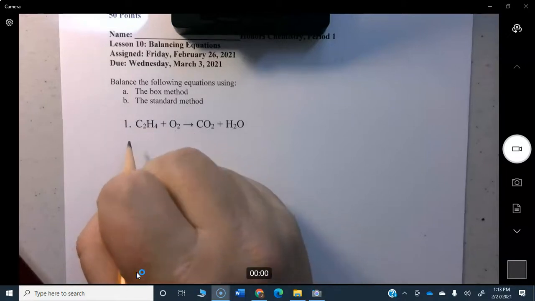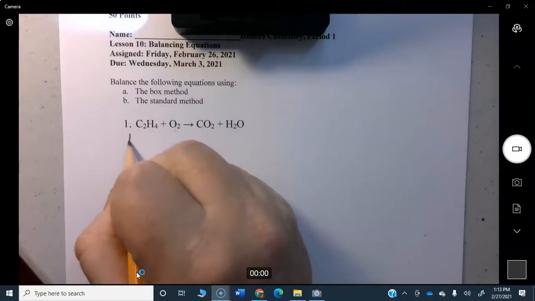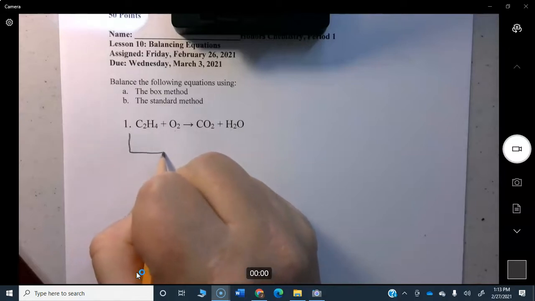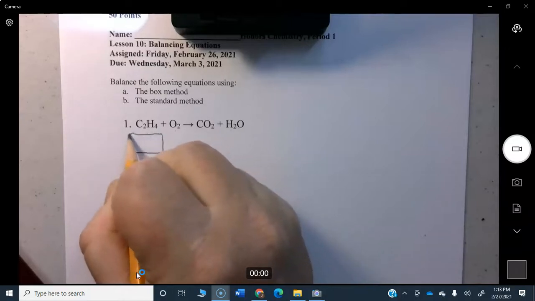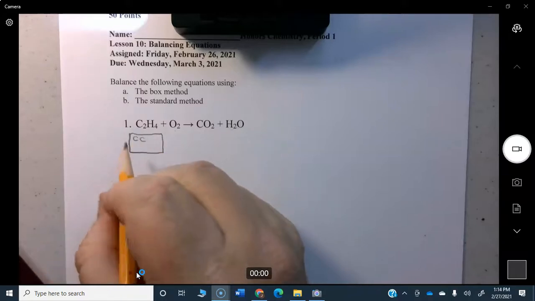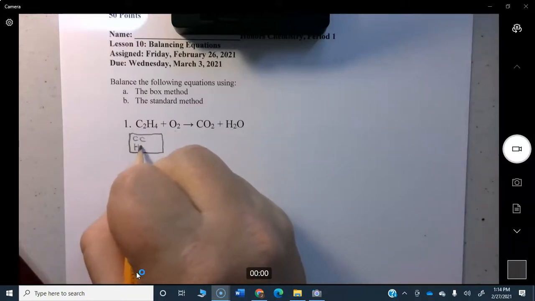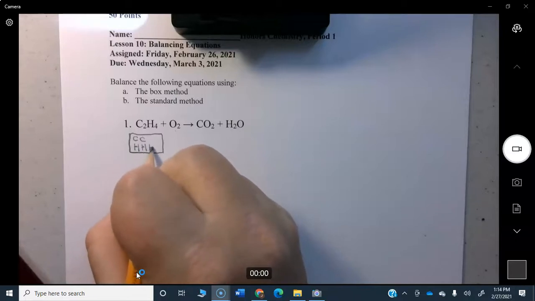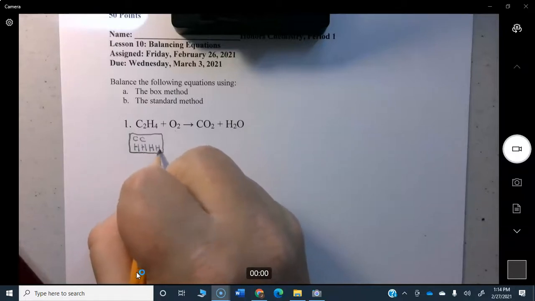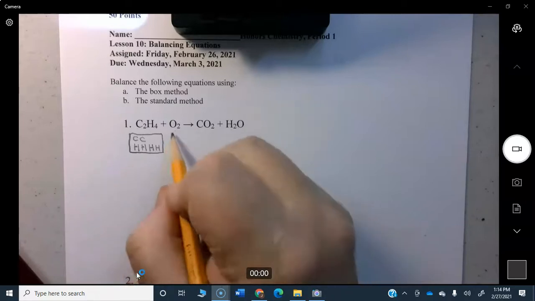So what you do with the box method is you draw a box and you break out each of the elements into individual letters. So C2, I'm going to write C, C, and the H4, I'm going to write as 4 H atoms. This just helps you to count them, and that's the reason you do it. It seems like a lot of writing, but it just helps to count.